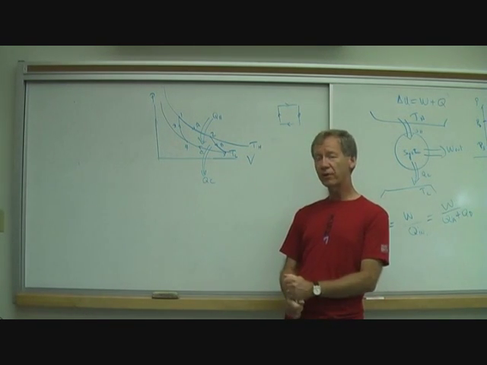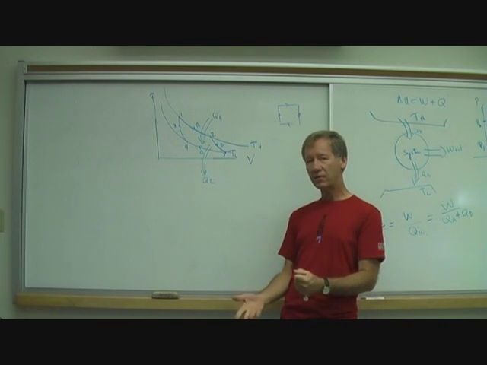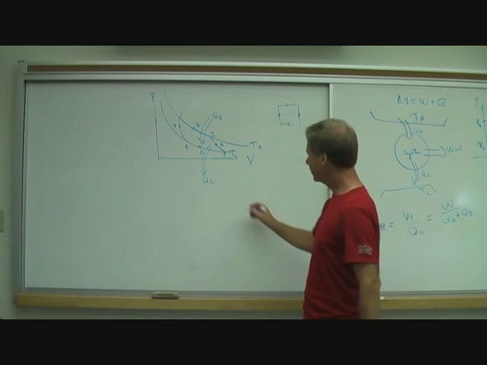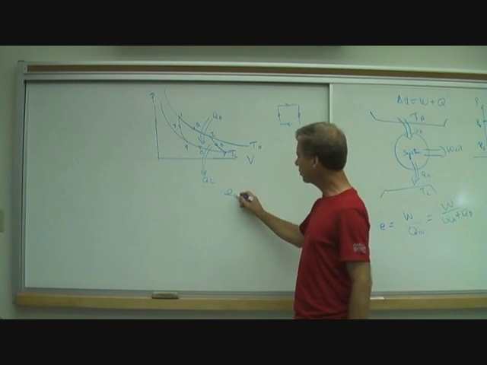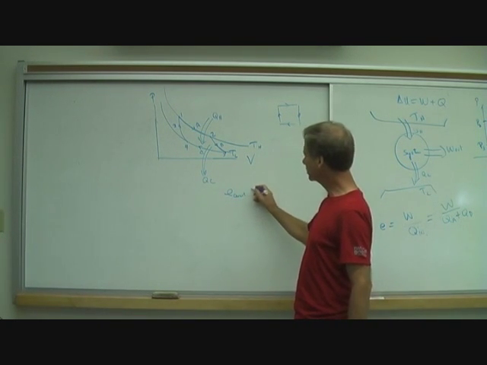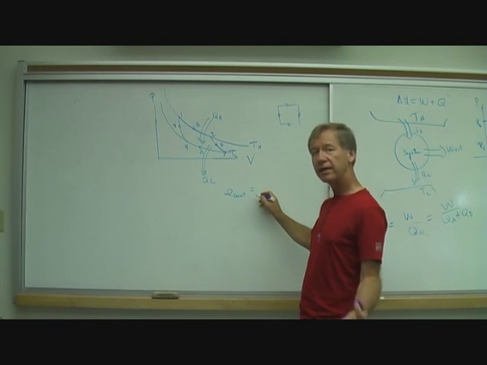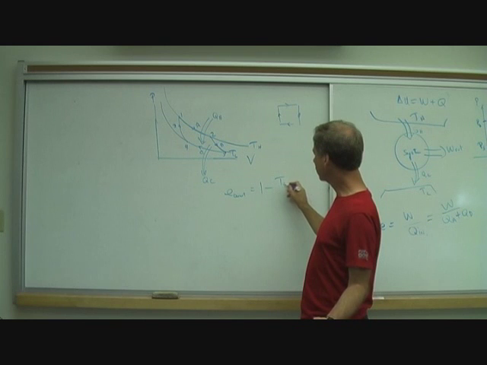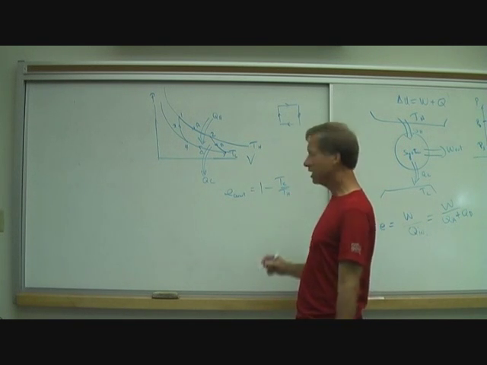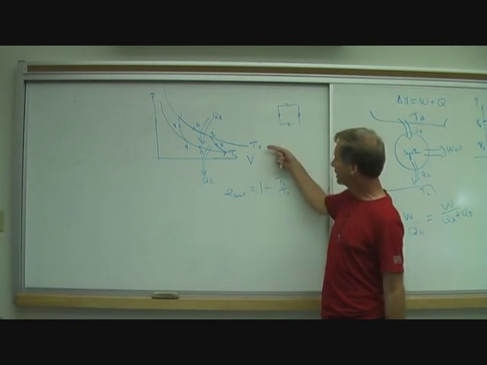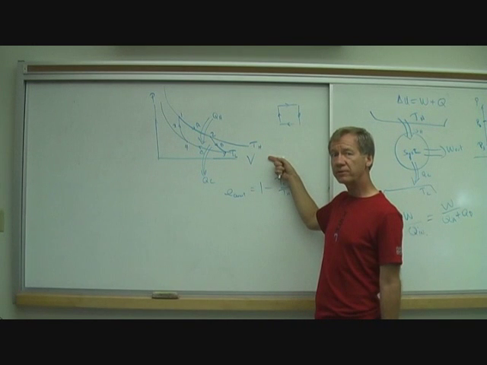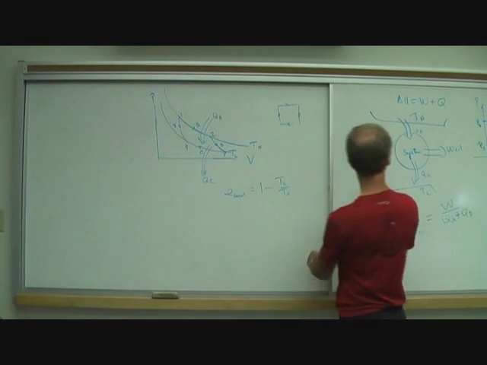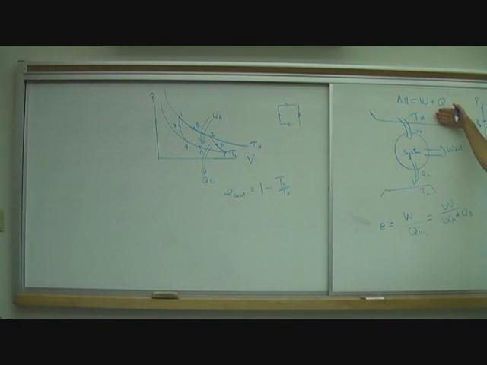And if you remember from way back when, like a week ago, right? The efficiency of that Carnot engine is what? It's 1 minus the cold temperature divided by the hot temperature. And we can see, oh look, there's those temperatures, right? And if we kind of look over here a bit, I think you can still see this, right?